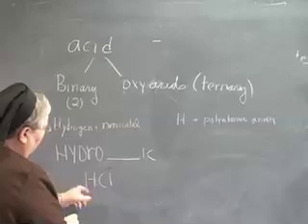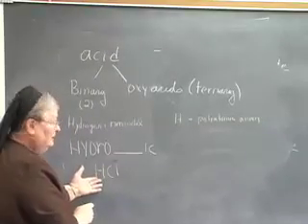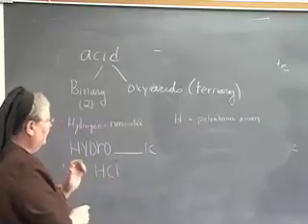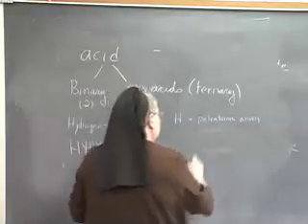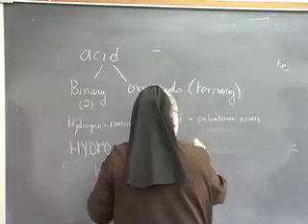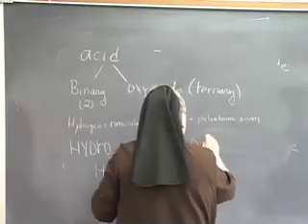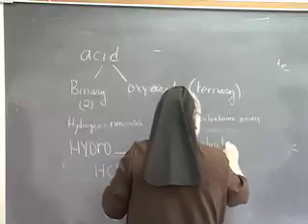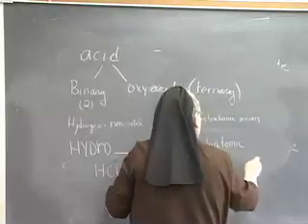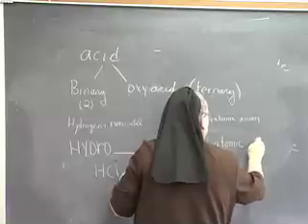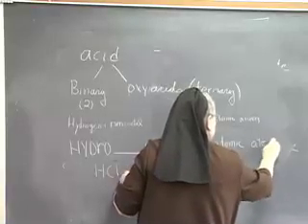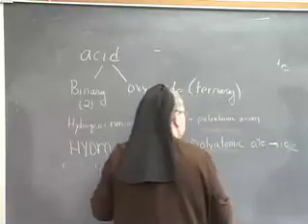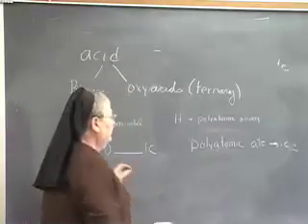So I said it's binary, only two elements present, and it is hydrochloric acid. Over here, it's just the polyatomic, where we translate the "ate" part to "ic." Let me show you. An example will help clarify that.